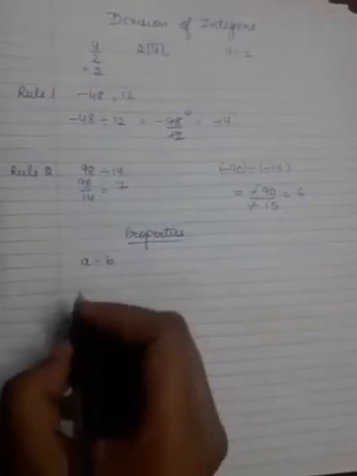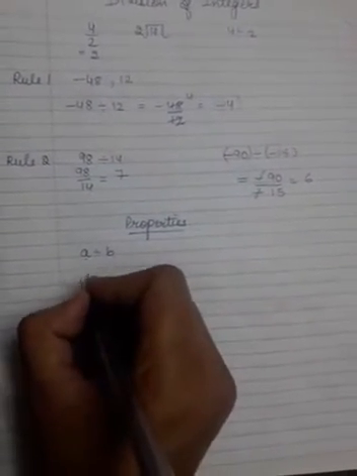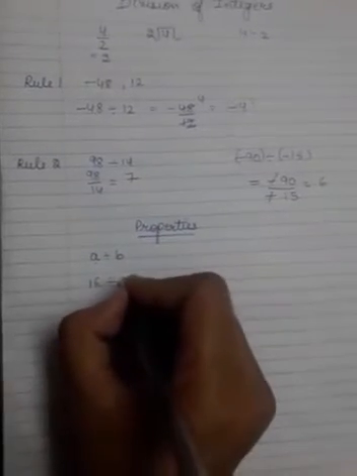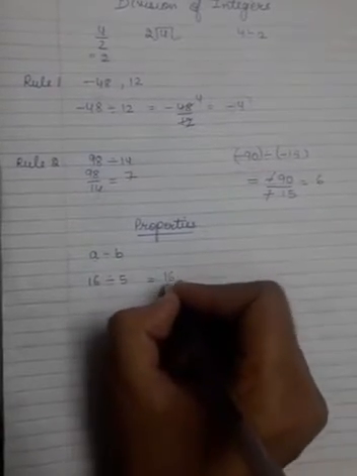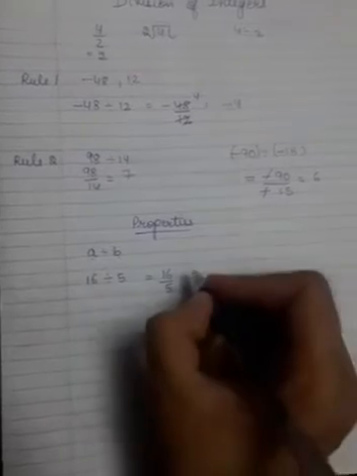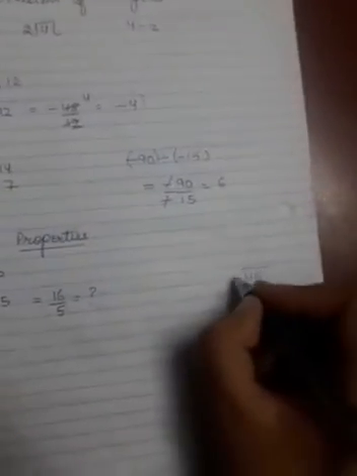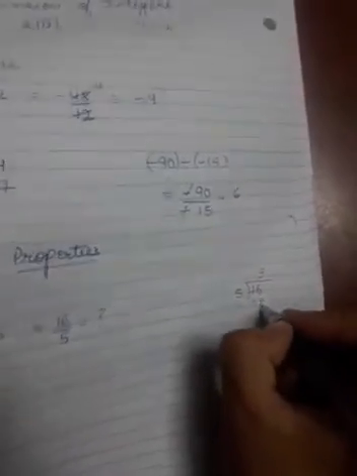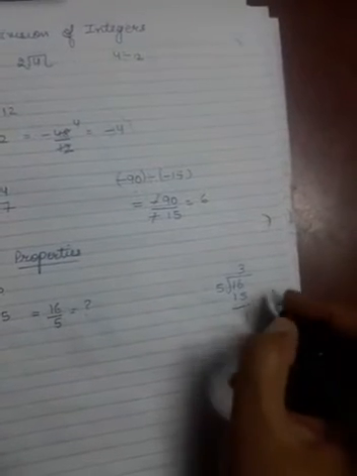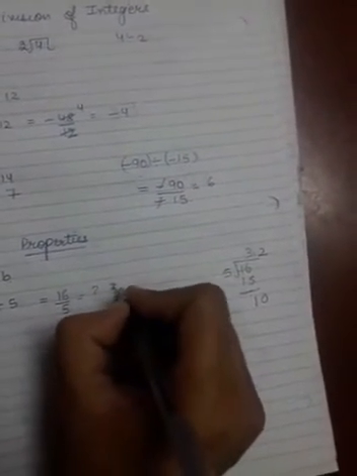If you divide 16 by 5, 16 divided by 5 is what? It is not cutting in this table. If I do it here, its answer is somewhat like this, 3.2.